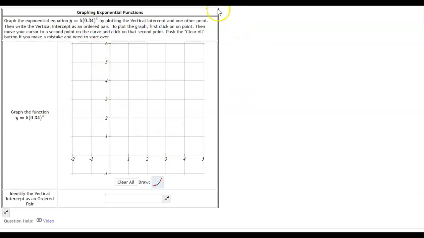So let's go ahead and make another table. We'll try a few points this time. So there's my x and my y. And I'll let x be 0 again.